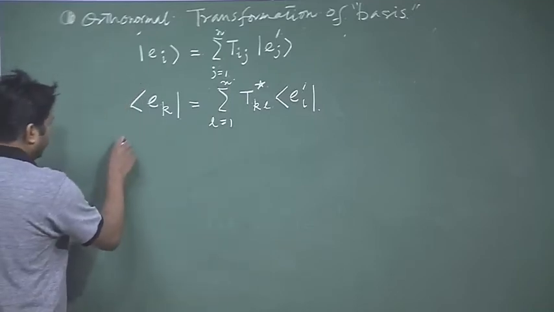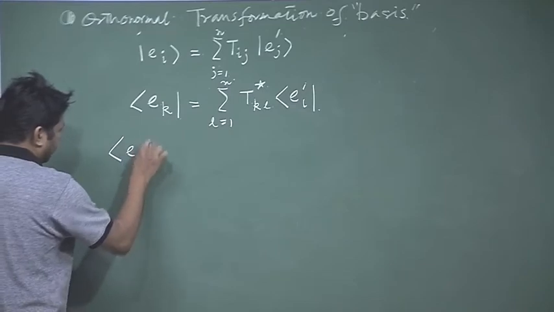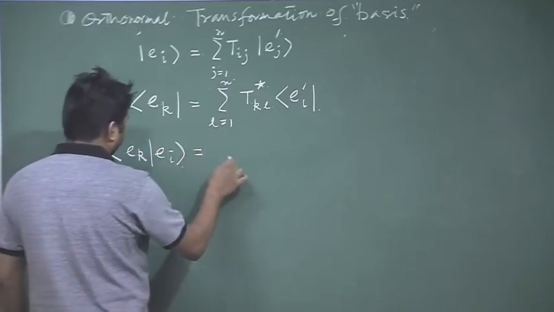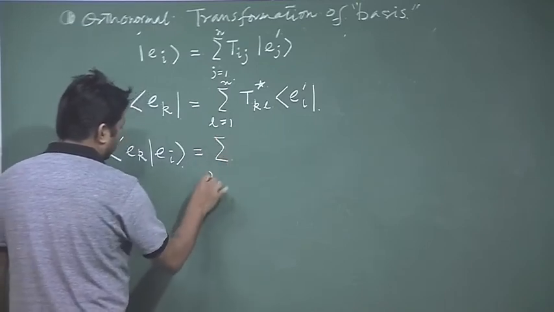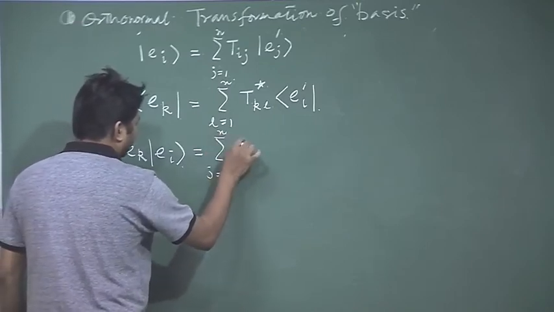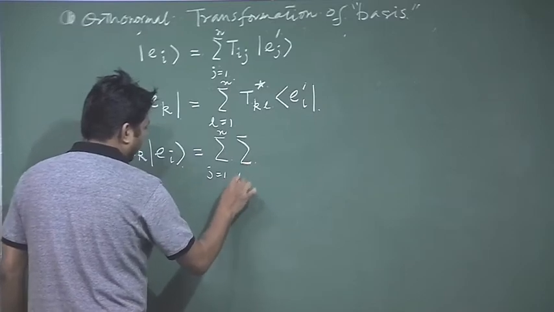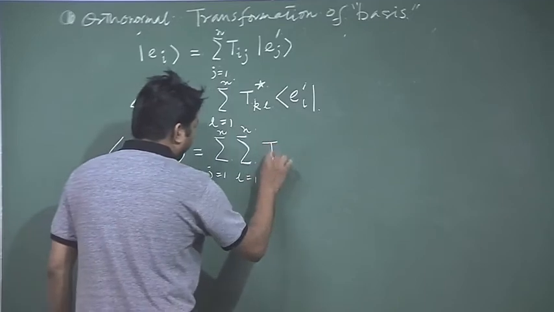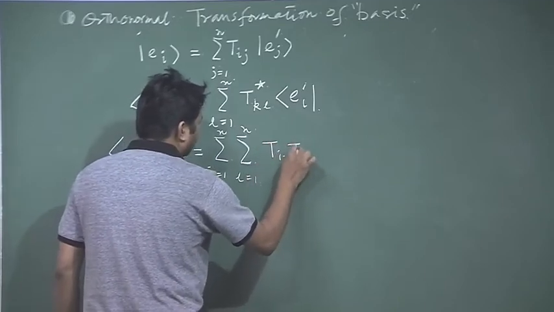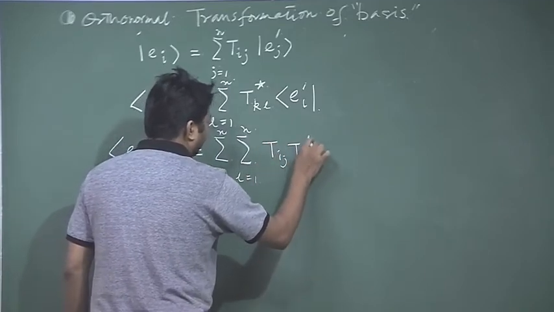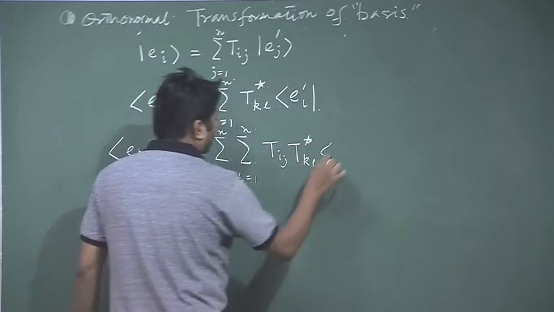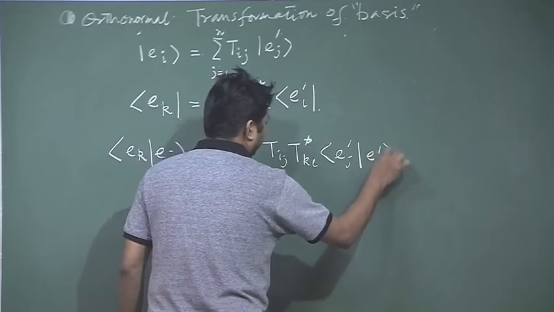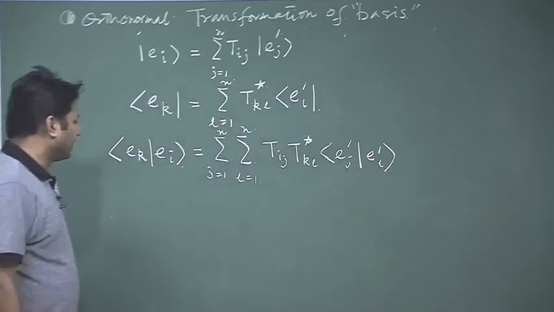So now if I multiply Ek Ei, on the right hand side I should write it as the sum over j from 1 to n, l from 1 to n, T ij T kl star, Ej prime El prime, an equation like this.